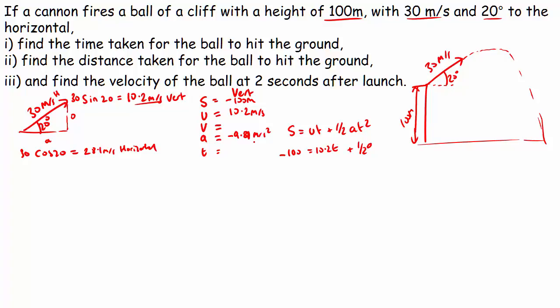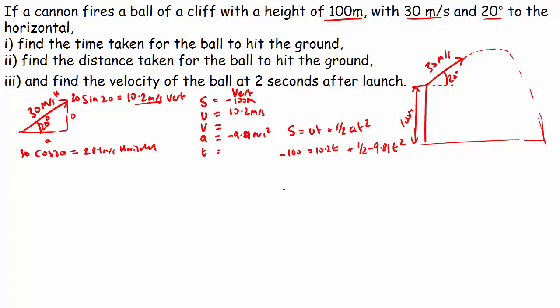Now it's 9.81, but it's minus 9.81. Mustn't forget that. Minus 9.81 times t squared. Okay, so the problem now is I've got t and t squared, which means I'm going to have to use a quadratic solution.